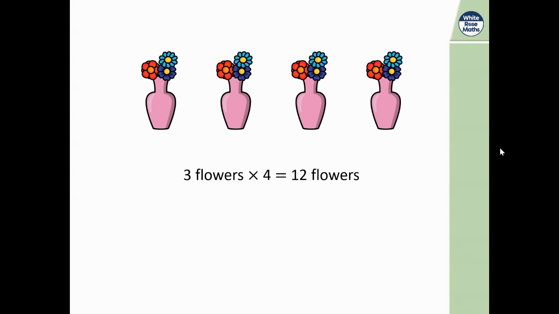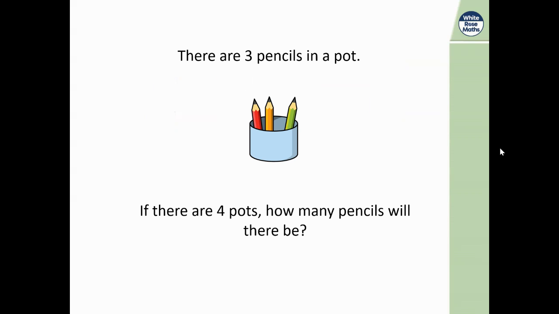All right, let's take a look. 3 flowers times 4. So of course you've got 12 flowers. 3 times 4 is 12. All right, let's try this one. There are 3 pencils in a pot. Now if there are 4 pots, how many pencils would there be?